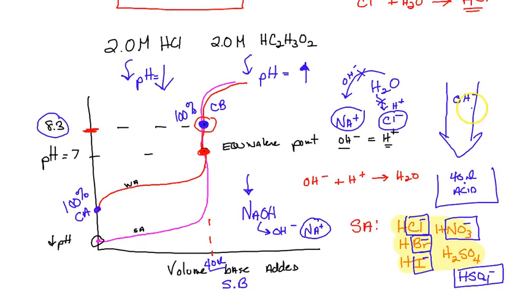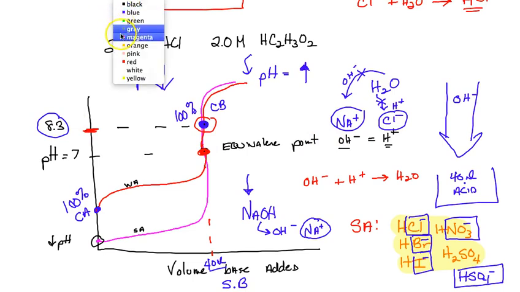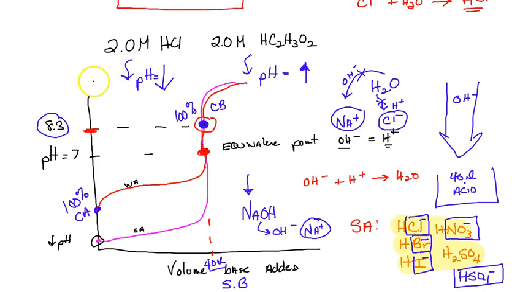Now, of course, we can have titrations that go the other way. We can have a titration where we have a weak base and a strong acid. So a weak base and strong acid would do something like this, and it would come down.